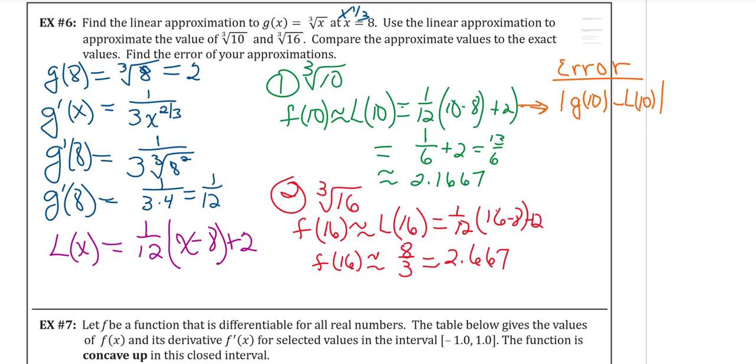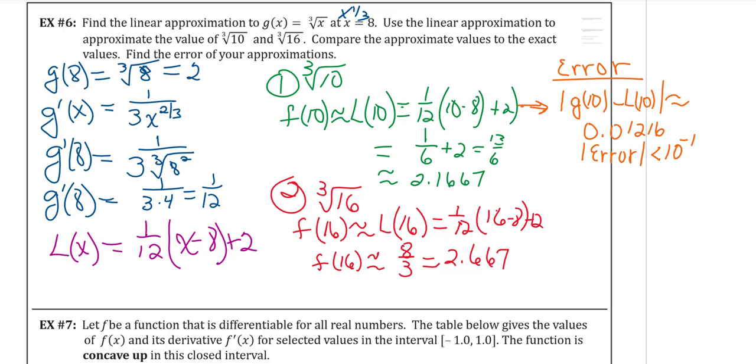When we do that, this is approximately equal to 0.01216. So our error is not super terrible, but still it's only 10 to the negative 1, which isn't fantastic.